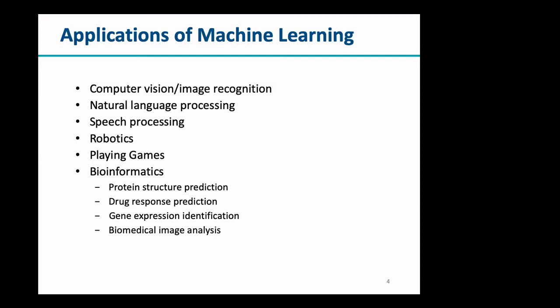If you are handling images, you can use machine learning for biomedical image analysis to find the tumor or to compare two biomedical images to each other. There are a variety of applications in bioinformatics that you can solve using machine learning.